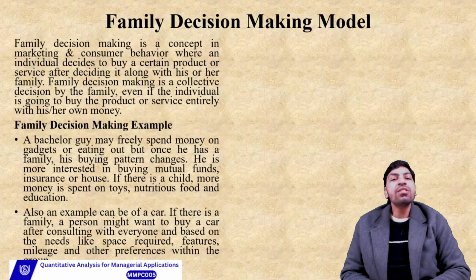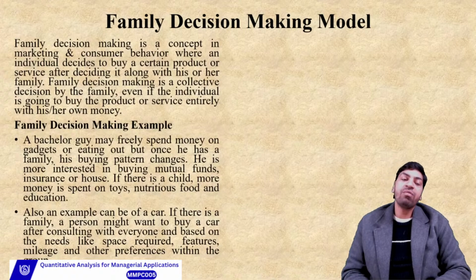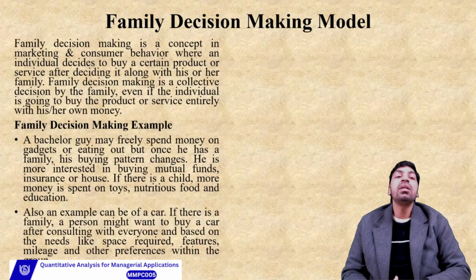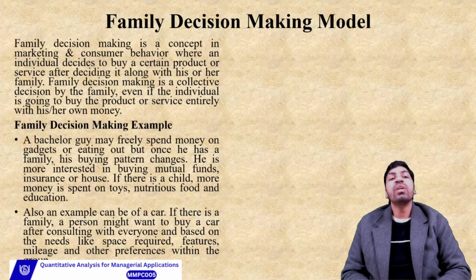Next one, and the last model, is the family decision making model. The family decision making model is a very important conceptual framework in marketing to understand consumer behavior, where an individual decides to buy a certain product after deciding along with his family and friends.